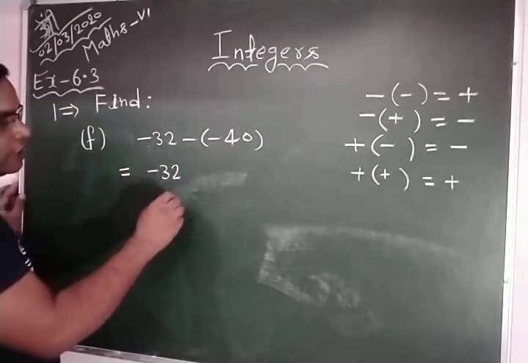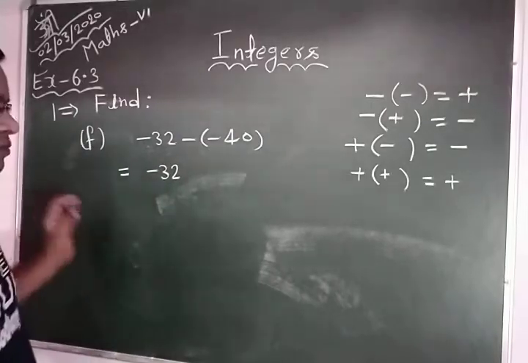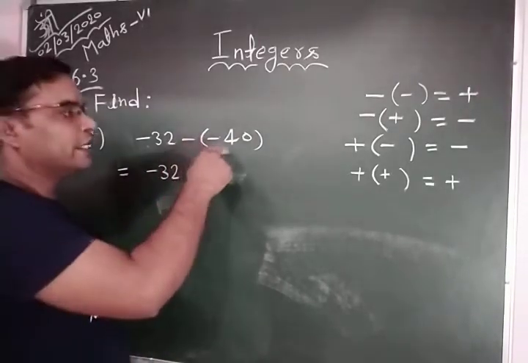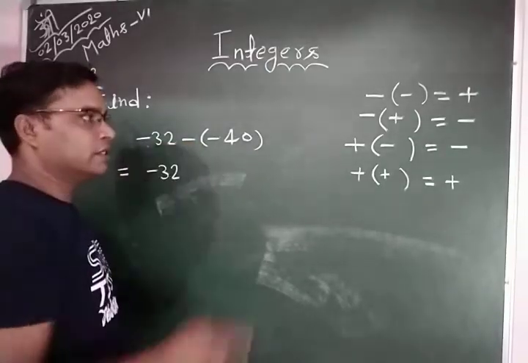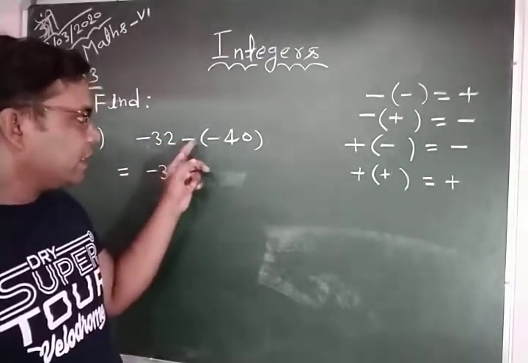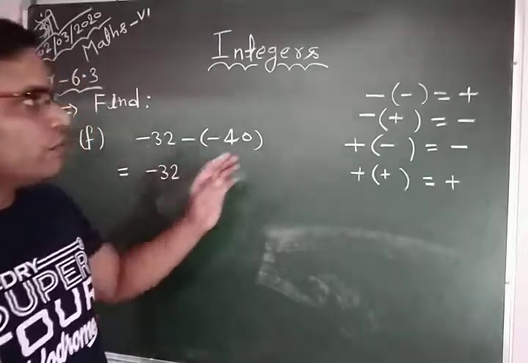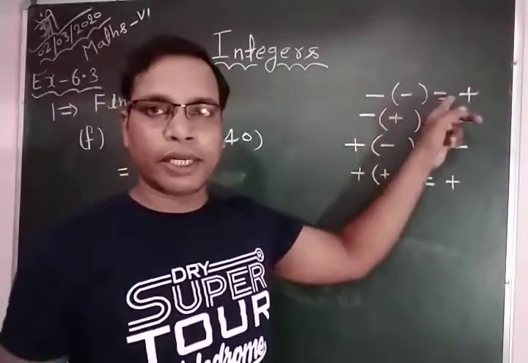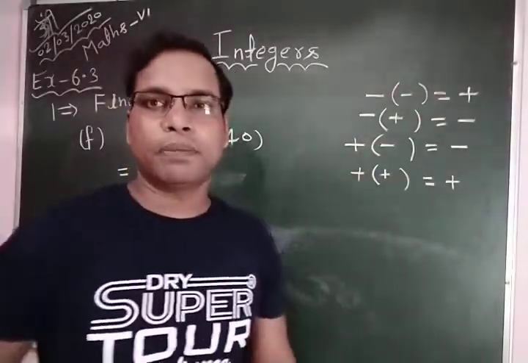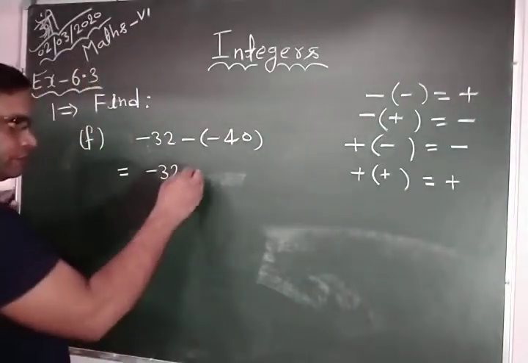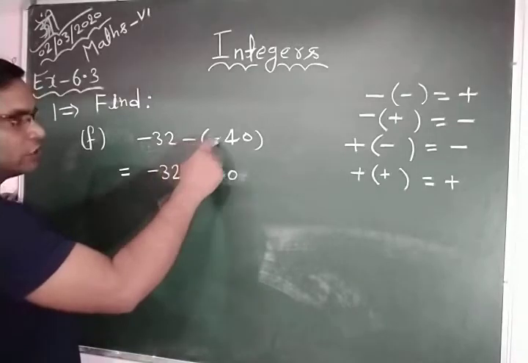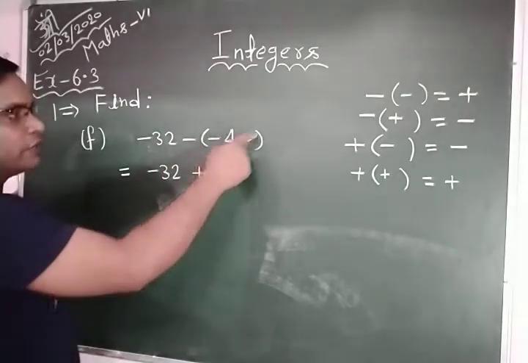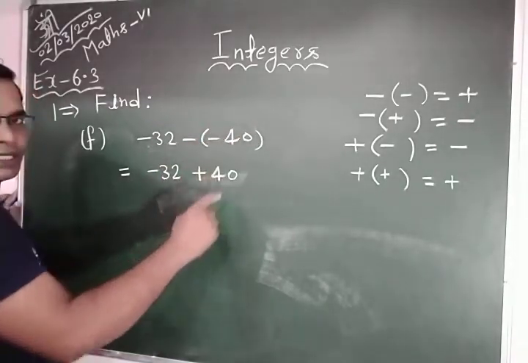Here no change. Okay, but here you can see in bracket minus 40 and outside the bracket is also minus. So we can read it minus into minus, this becomes plus, and you write this 40 as it is.